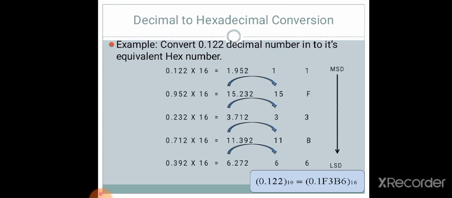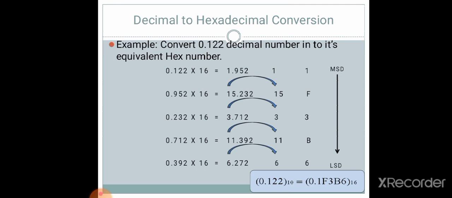The answer is 11.392. We'll put that 11 at the right hand side and we'll pick up 0.392 for the next multiplication. We'll multiply 0.392 with 16. The answer is 6.272. We'll pick that 6 and we'll stop our multiplication because we have found 5 digits.